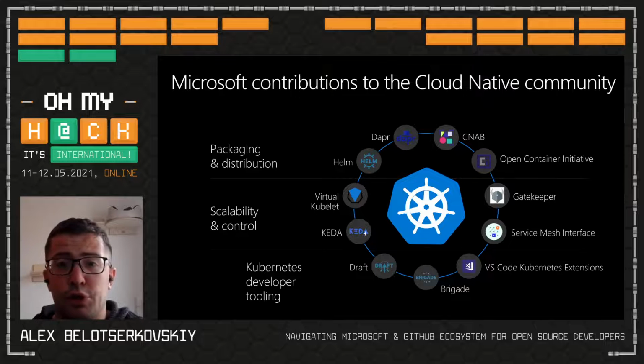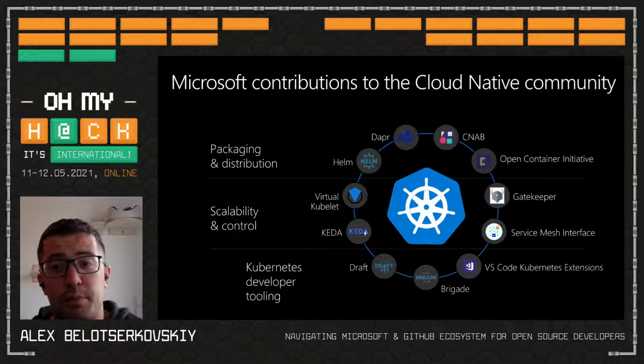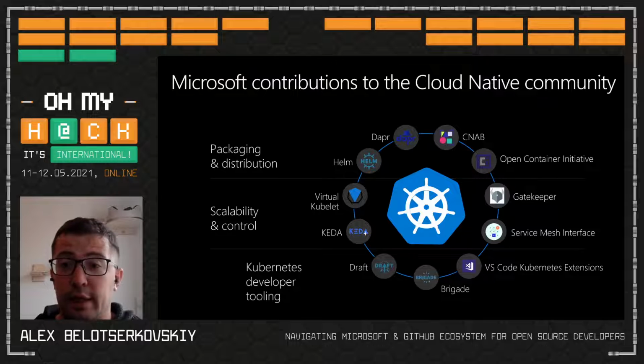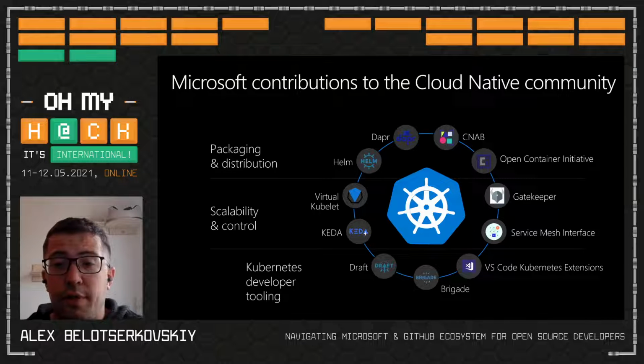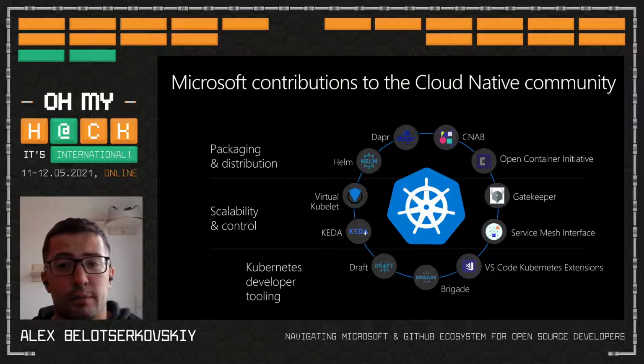So, for example, virtual kubelet. I worked a few times with partners who had Kubernetes locally, but also wanted to burst into the cloud Kubernetes. In our case, it was Azure Kubernetes Service. By default, you cannot just go and take a lot of resources from AKS to your local Kubernetes.